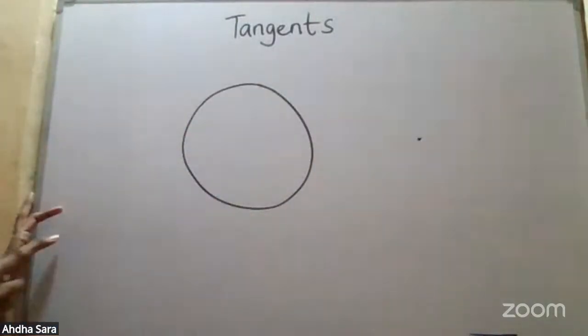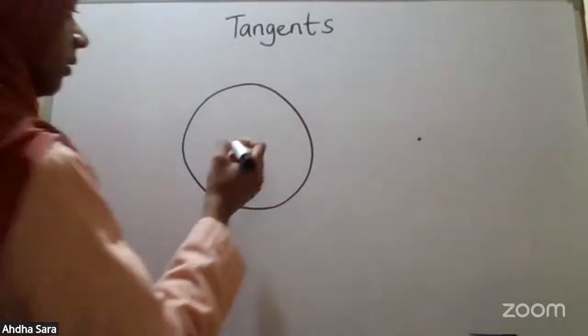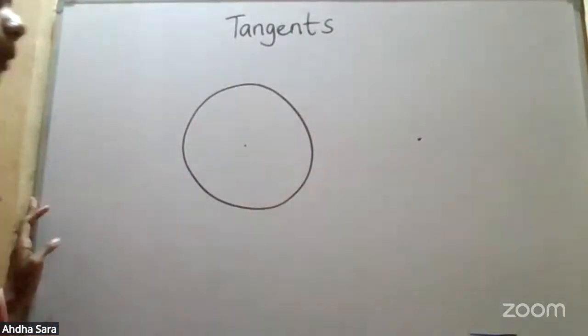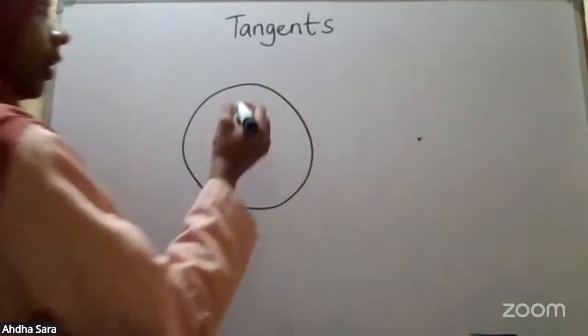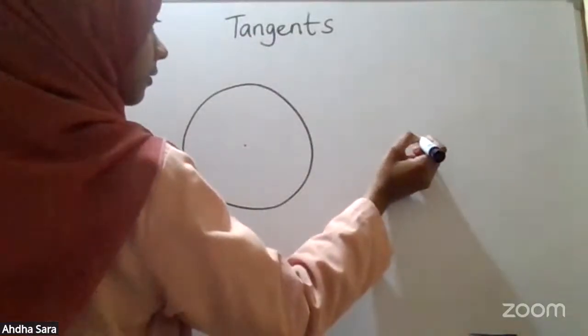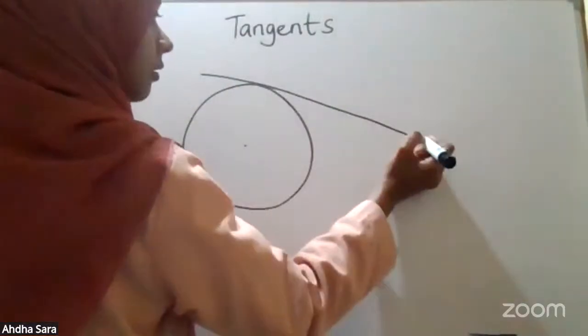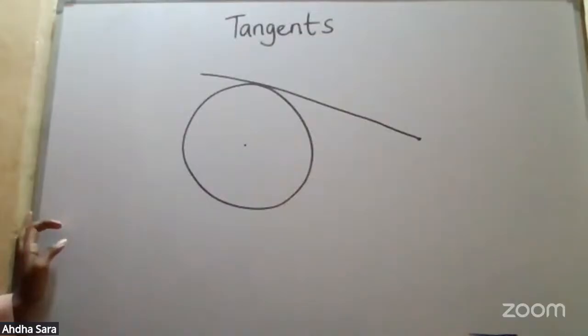Now you have a circle and you have an external point. So you are drawing a tangent starting from the external point.